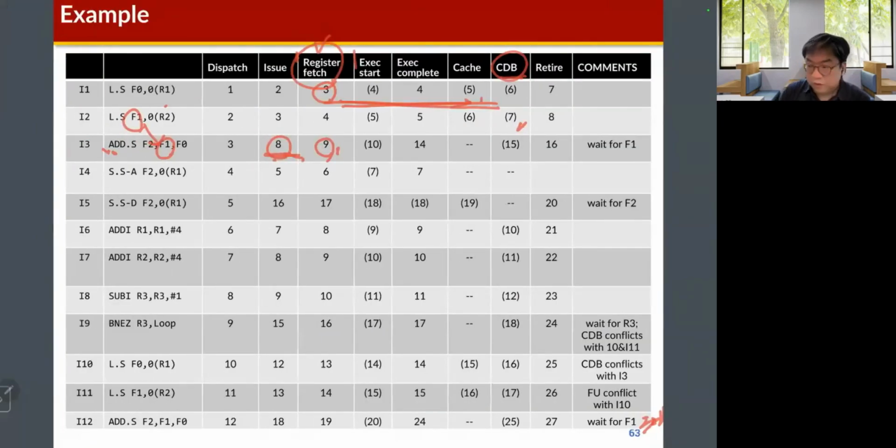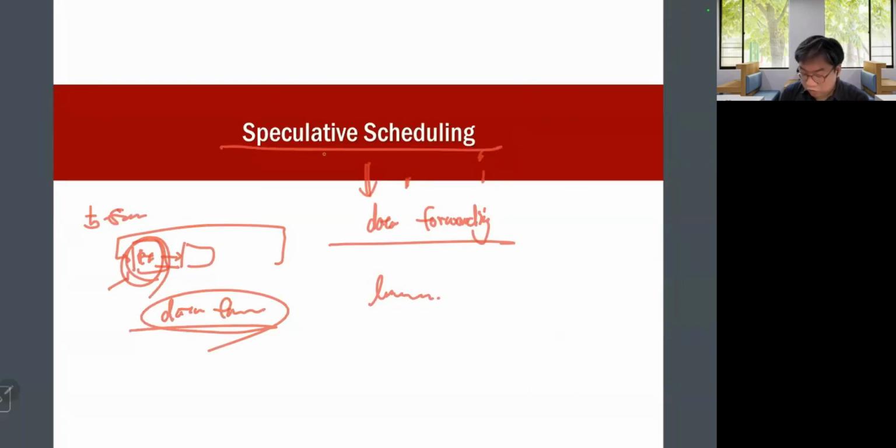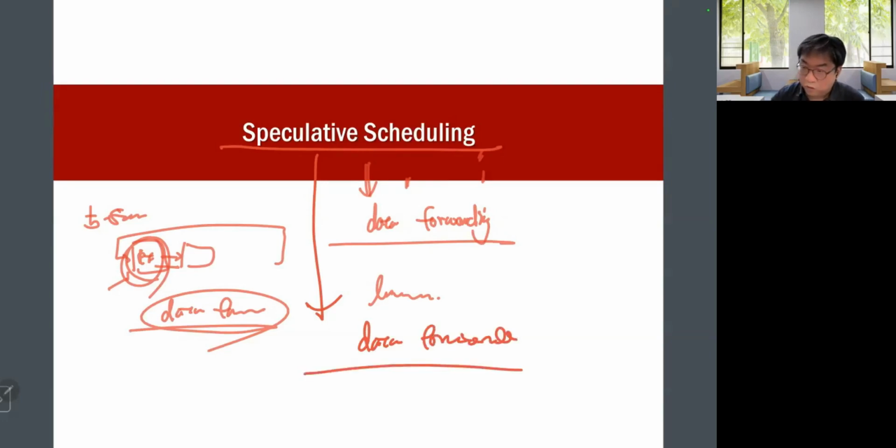But the problem with register renaming is that after the CDB, which is actually write back, we can use the data from the physical register file. Speculative scheduling means we can apply data forwarding in the out-of-order processor.